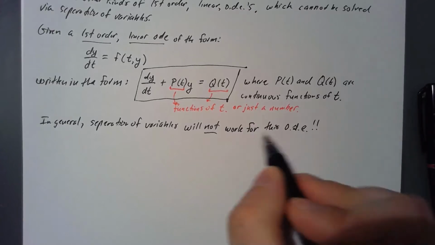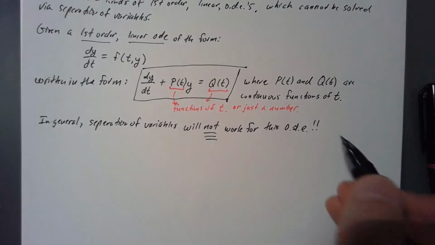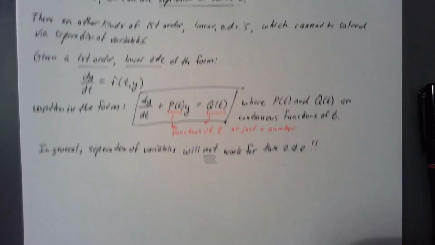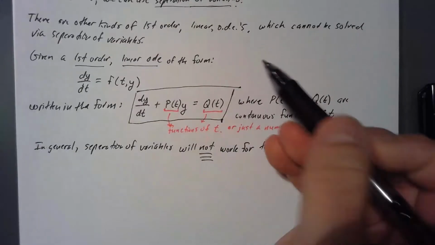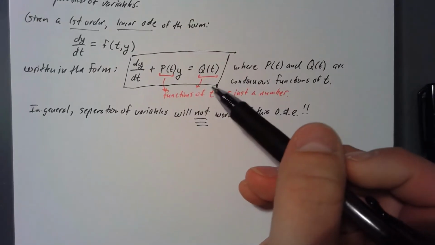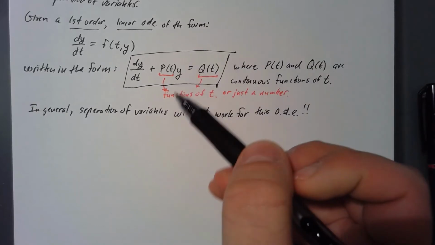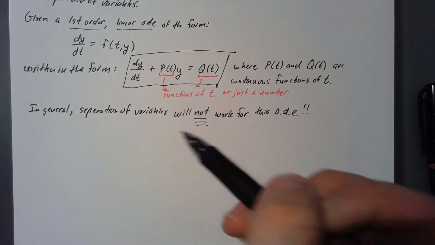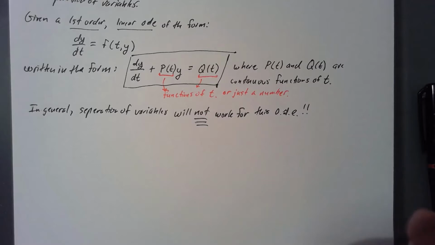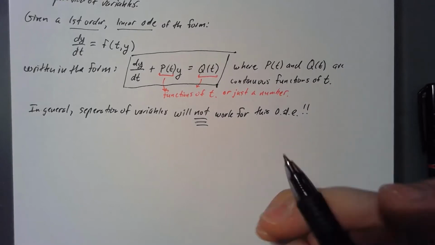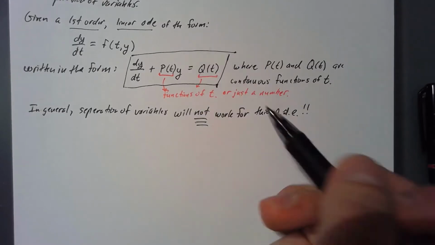That's important. It will work for separable differential equations, which are also first-order linear. But this is another type of first-order linear where separation of variables will not work. So I have to use some other way to solve this.